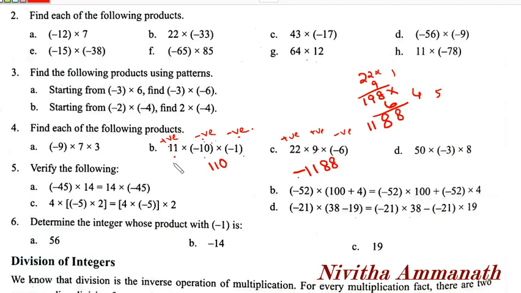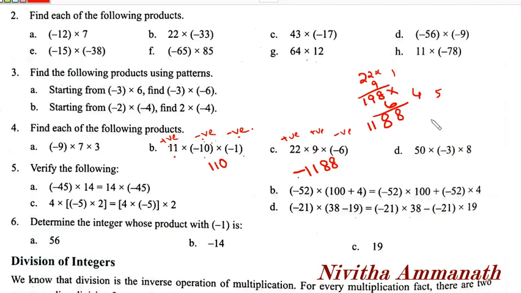Now, the next question. 50 into minus 3 into minus 8. So, the first one is positive and the second one is negative and the third one is negative. Positive into negative is negative, negative into negative is positive, right?